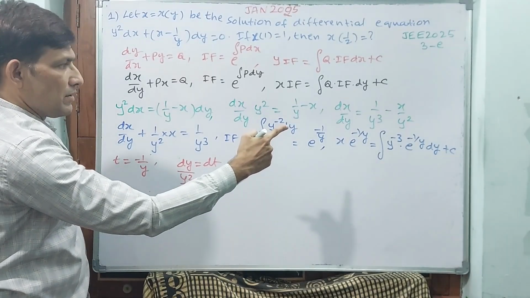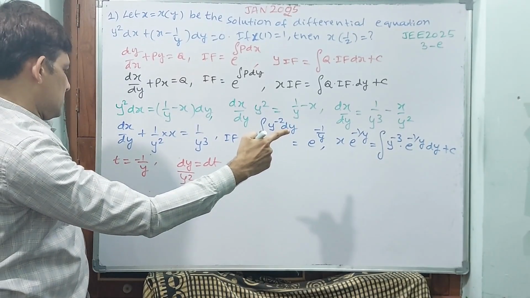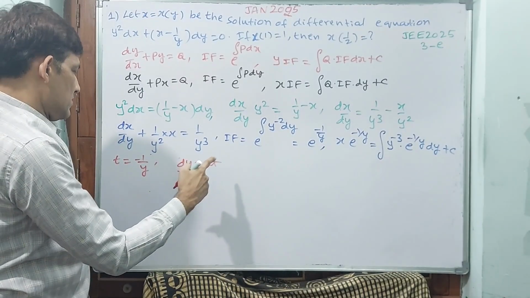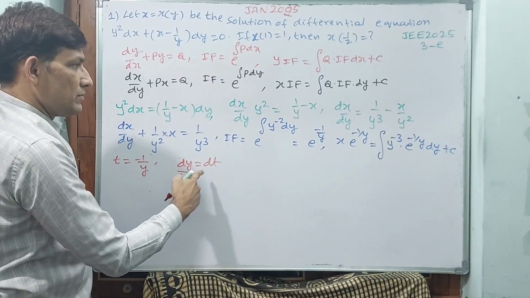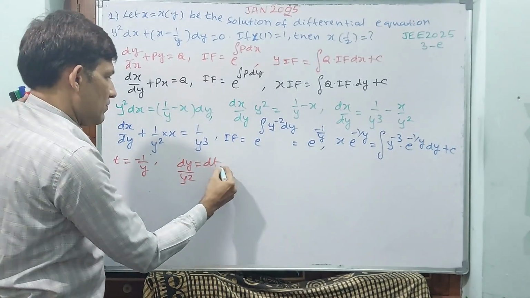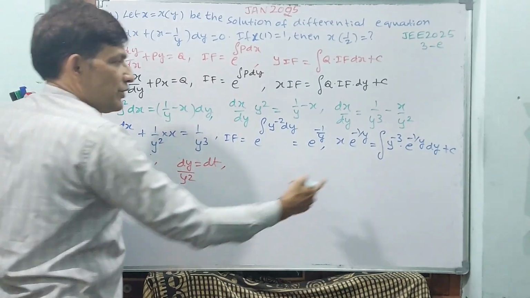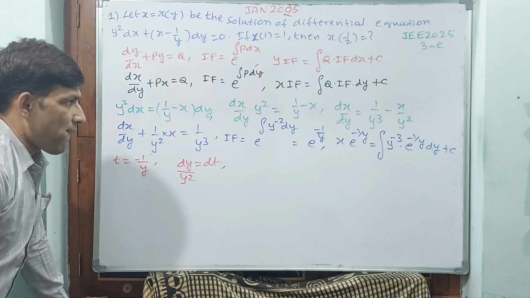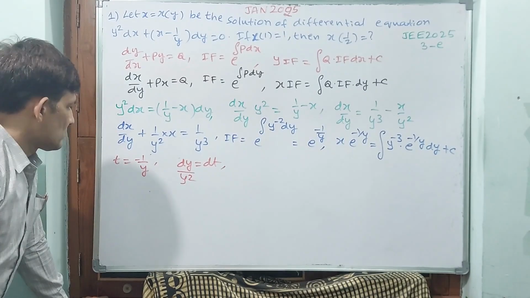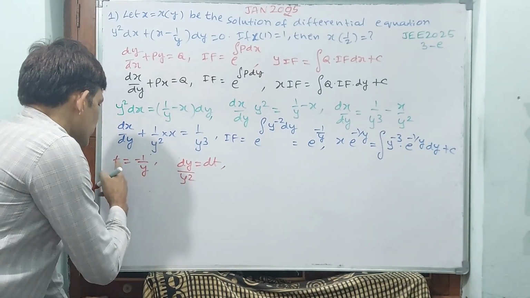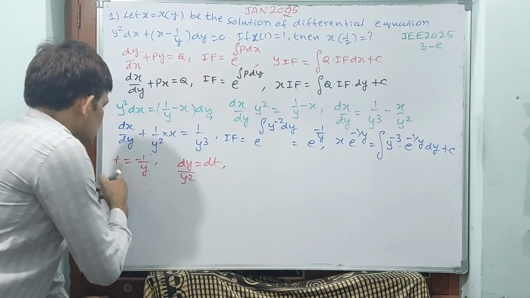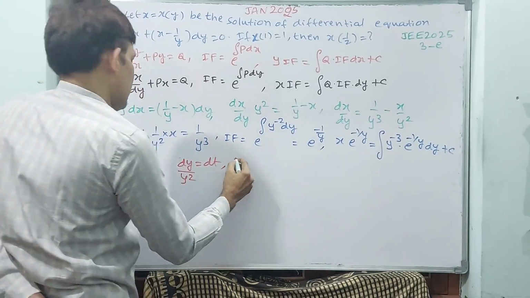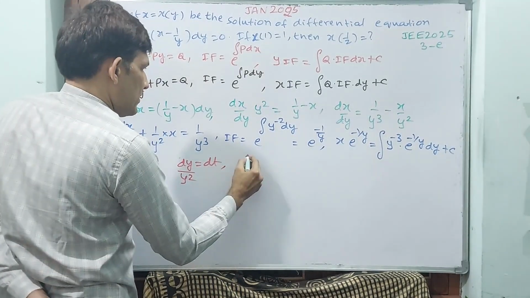Then now e power t you have to write, and by y cube you have to write. Then y is equal to minus 1 by t. Okay, let me try.